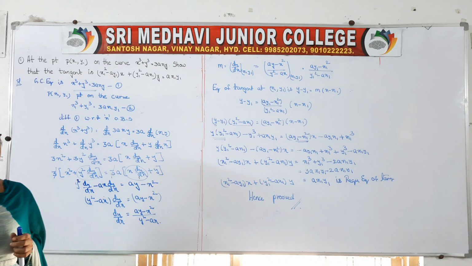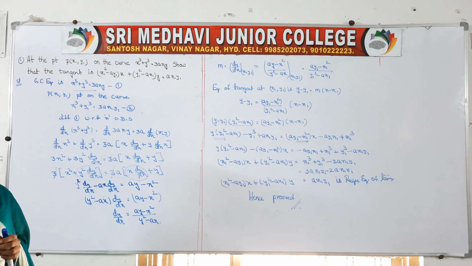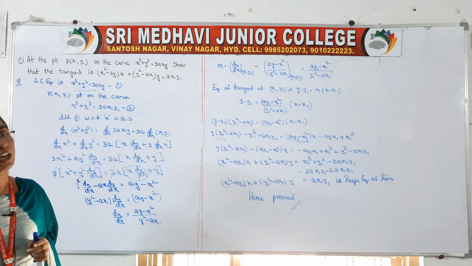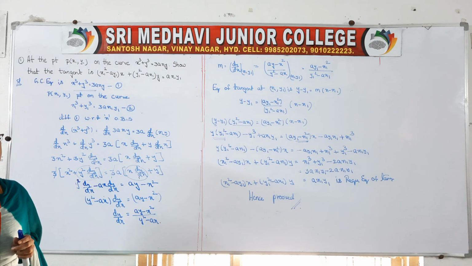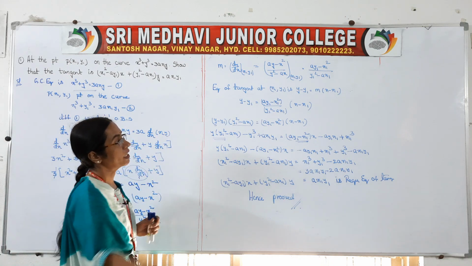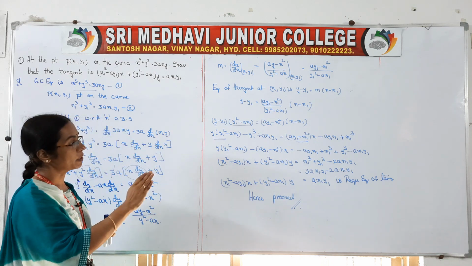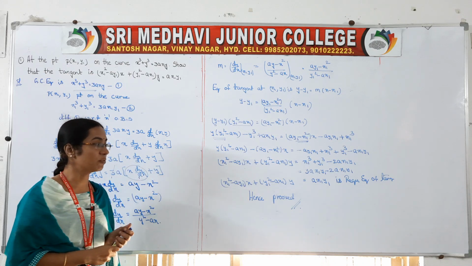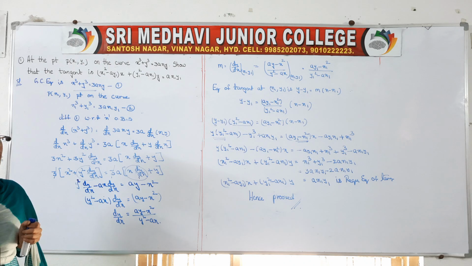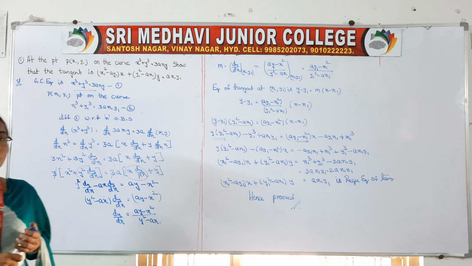After getting your slope, the point will be given in the question only. So you know your x1 y1, you know your m value, take the formula for the equation of the tangent: y minus y1 is equal to m into x minus x1. Then simplify, finally you will get your tangent equation. Okay, so in a show that problem, you can check your answer with the given answer also. Okay, practice this problem perfectly.